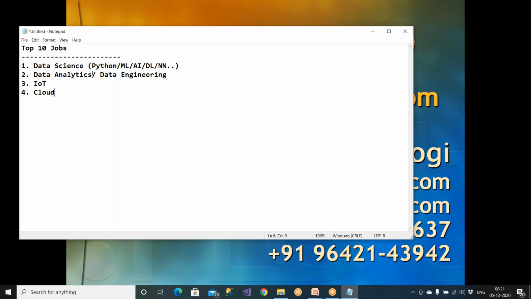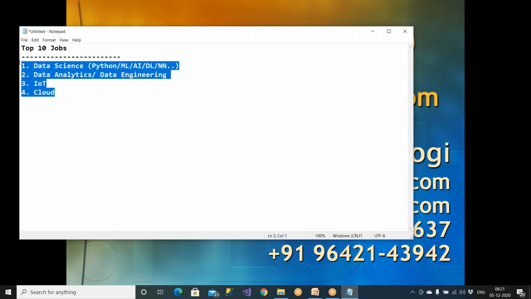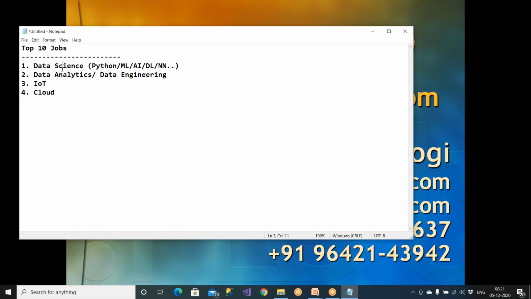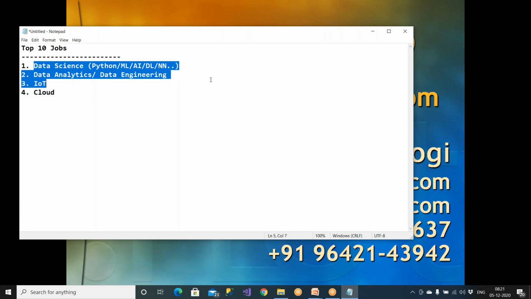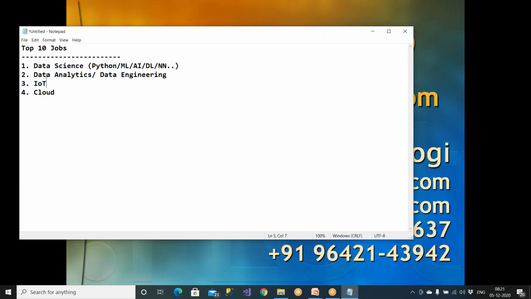If you wanted to be in this, definitely you should know SQL very well. Without SQL, getting into data science, data analytics, data engineering is very, very difficult. Clear? Data analytics means here we're talking about Power BI, MSBI, any BI software.